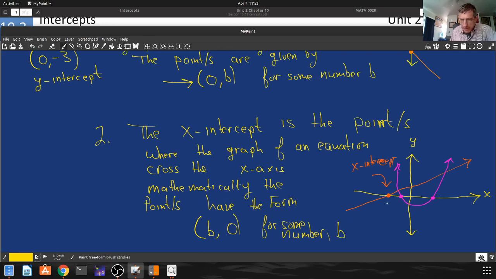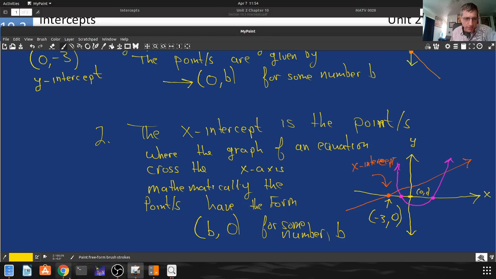So if we look right here, let's just pretend this is minus 3, this point right here for this line. Well, there's the origin right there, which is (0, 0). So this point we're just pretending is minus 3, and the y-coordinate is going to be 0. So again, in this case, the number b would be minus 3.